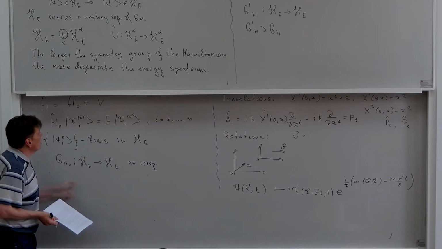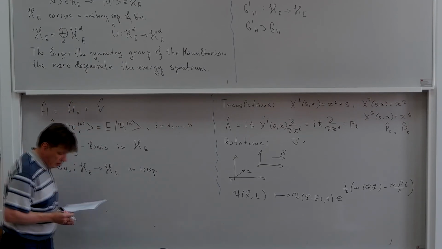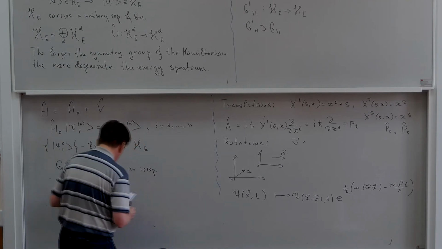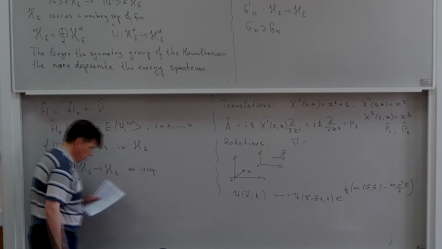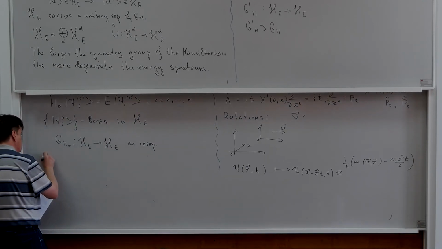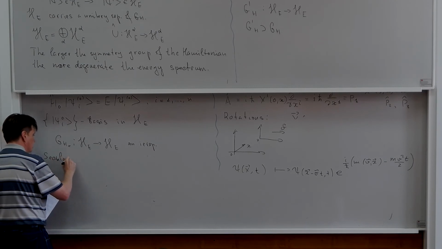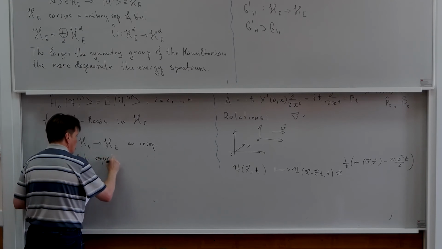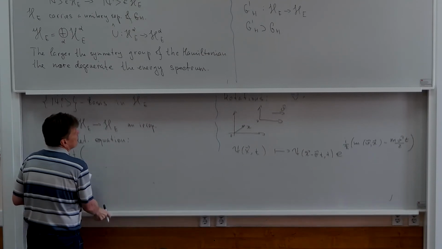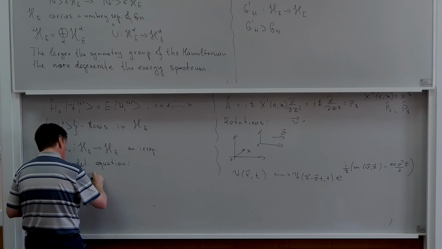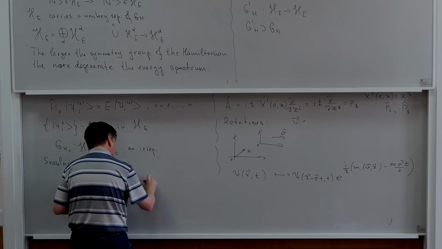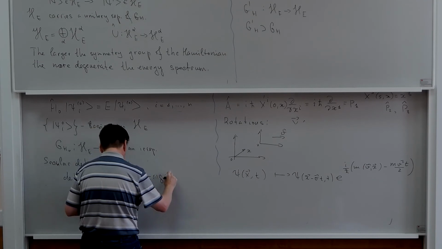Now the account of the small perturbation V leads generally to splitting of degenerate energy levels E, and in particular the first order corrections to the energy E are defined by the so-called secular determinant equation, which is given by the determinant of the n by n matrix composed of the matrix elements of the perturbation V, is equal to 0.